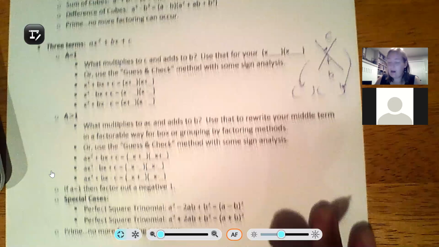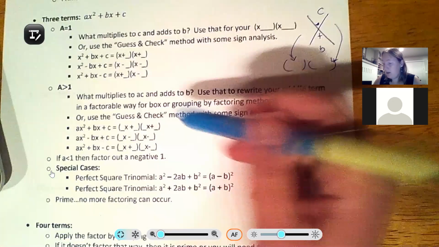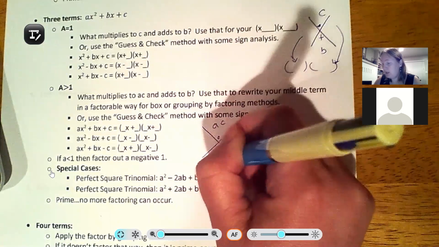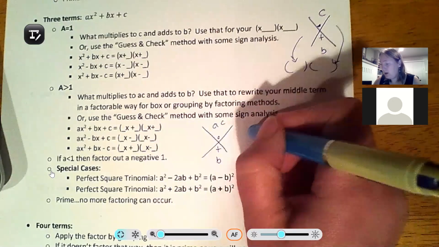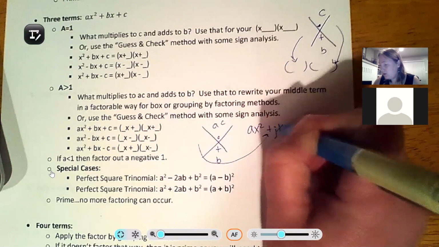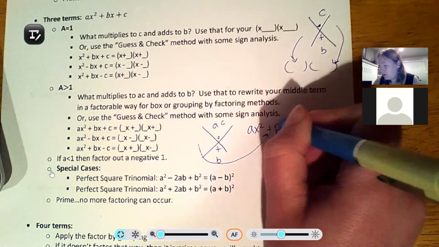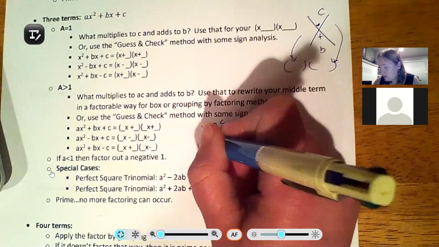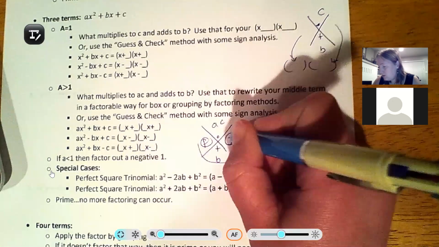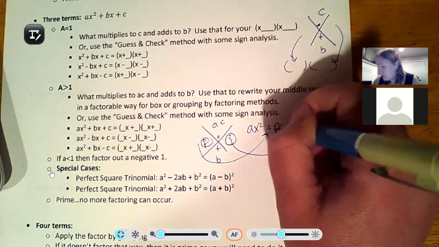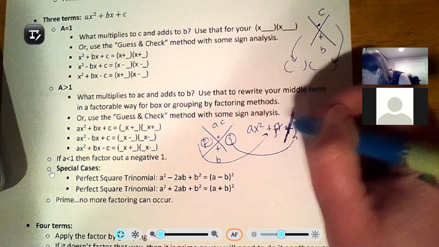When a is not 1, then you'd have to do your a times your c and what adds to your b, and then you're going to have, I guess I used f and j before, jx. And then grouping. I guess I should do the grouping right. I keep trying to do that right before the plus.